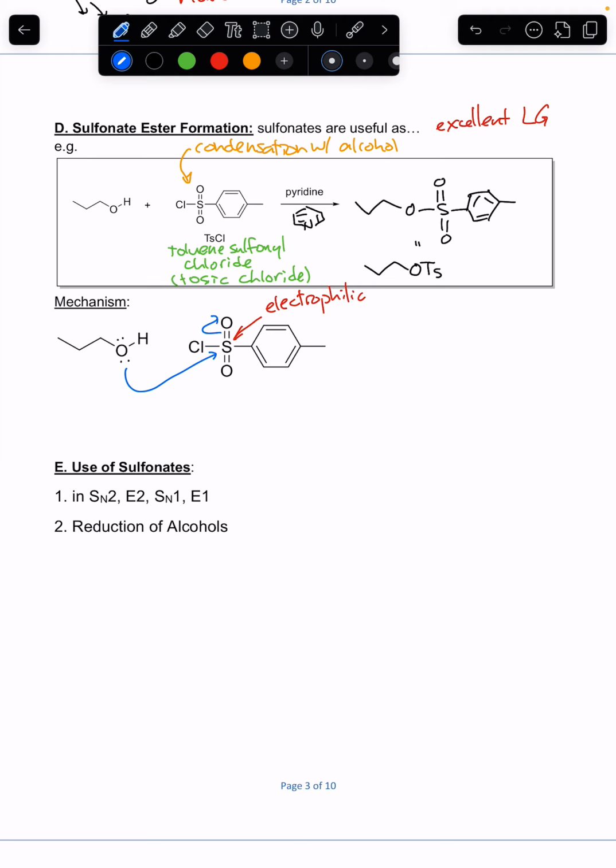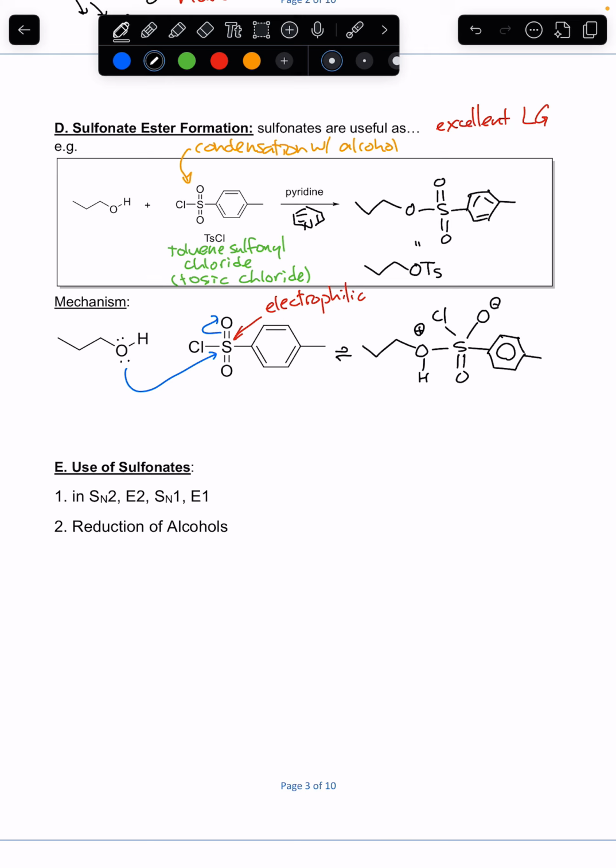you have to kick a pair of electrons up. Now I'll let you in on a secret. The benzene ring, instead of drawing the three double bonds, you could abbreviate it like this. That means the same thing. That's a benzene ring.